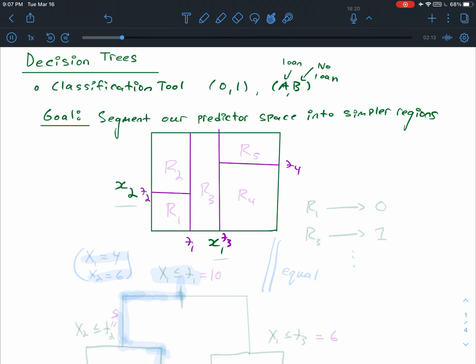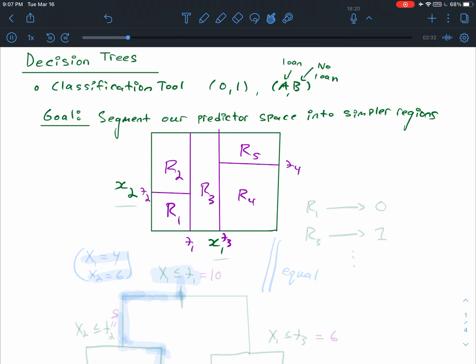So what have I done here? I've split my space into 5 different regions: R1, R2, R3, R4, and R5. The thinking is now that I have smaller regions, maybe I can classify every observation that lands in a region.